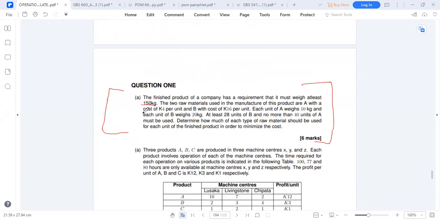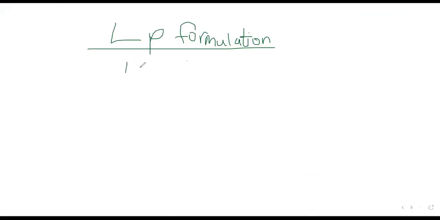So here there's a term 'at least', meaning that 150 kg is the least amount that it can weigh. So 150 is the least, the smallest.